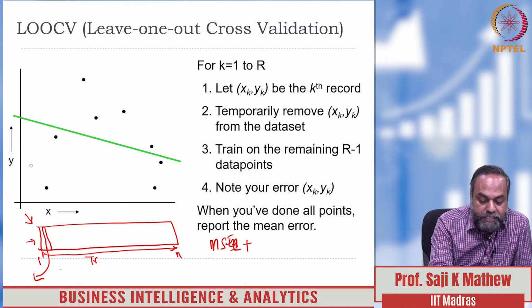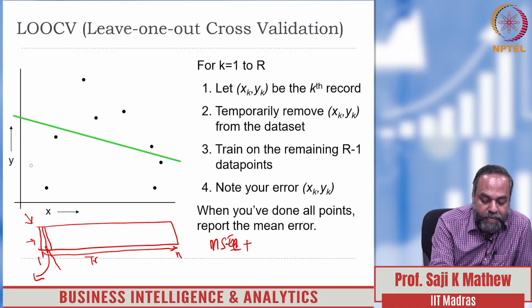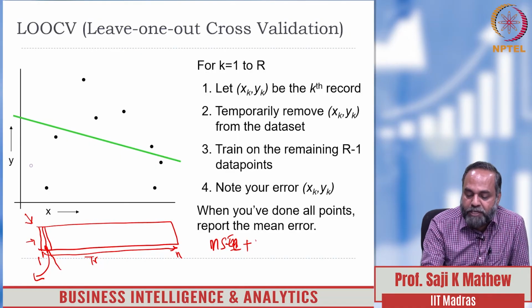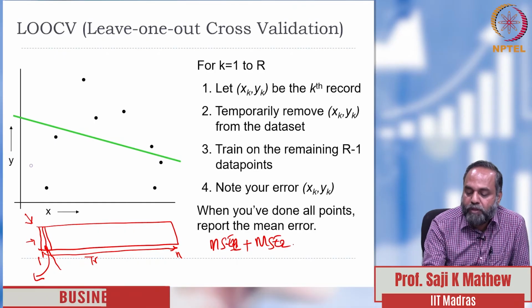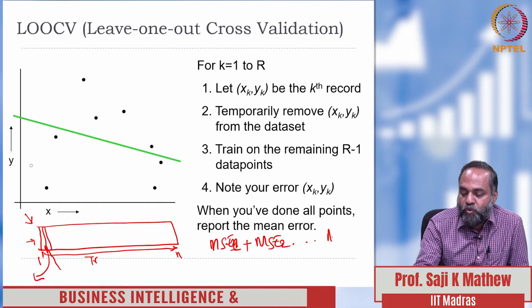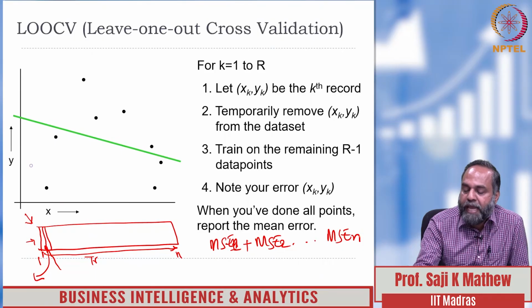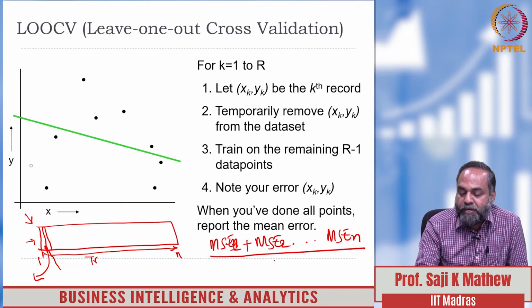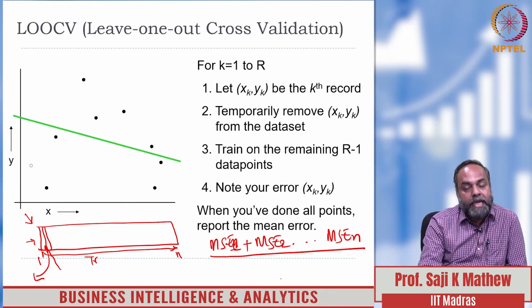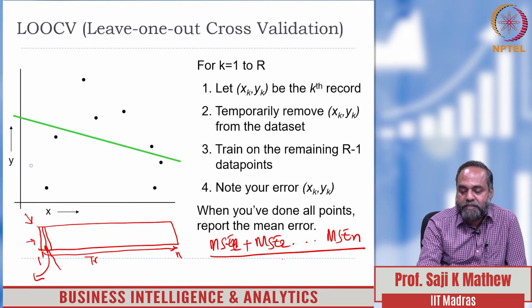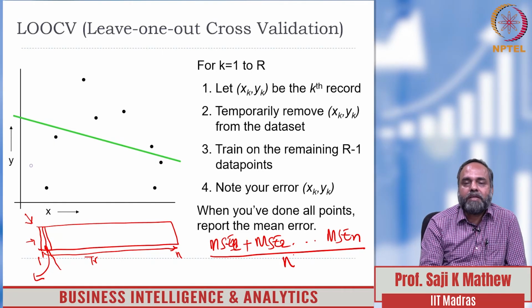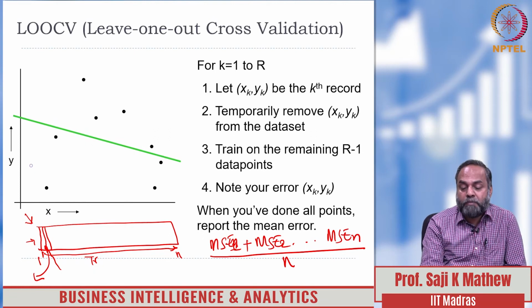Build the model and test it using the left out data; that is your MSE 2. In this way you build n models and test n times, and you get n MSEs. You find the average MSE. It is a very rigorous method of building and testing models.